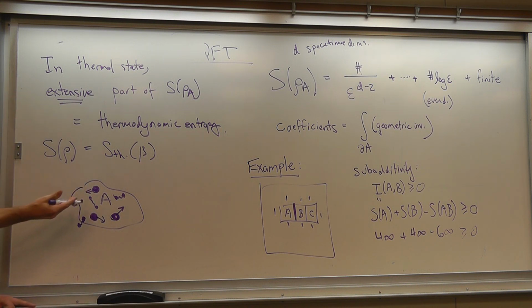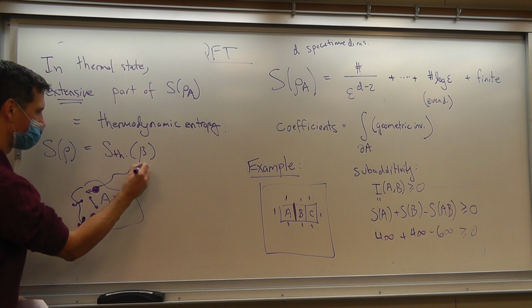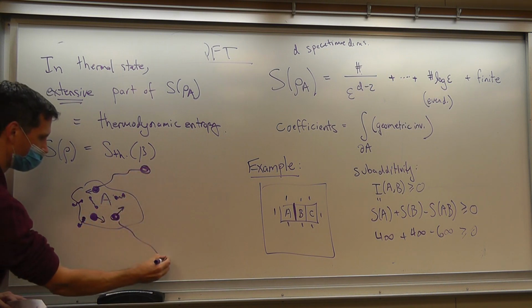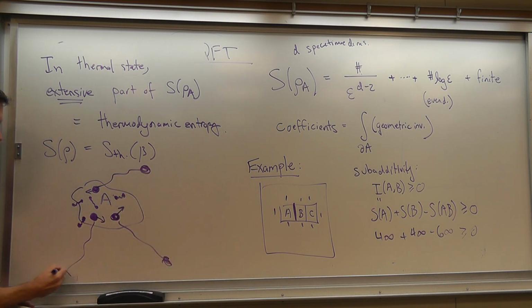If it's just quantum stuff in a pure state, then of course it does not contribute to this fine-grained entropy. But if it's entangled with the rest of the air in the room, then it'll contribute to the von Neumann entropy, and the amount it'll contribute, if you're in something like a thermodynamic state, something like a thermal state, is going to be the thermodynamic entropy.